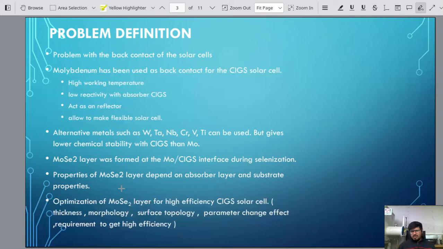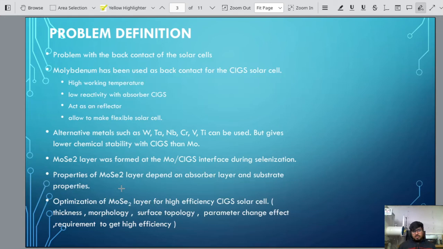Now, the properties of the MoSe2 layer depend on the absorber as well as the substrate properties. The absorber layer depends on how we deposit or grow the absorber. If we don't need the selenization process after growing the absorber layer, the MoSe2 layer might not get formed, or there is a possibility to grow the MoSe2 layer first and then grow the absorber layer after that.